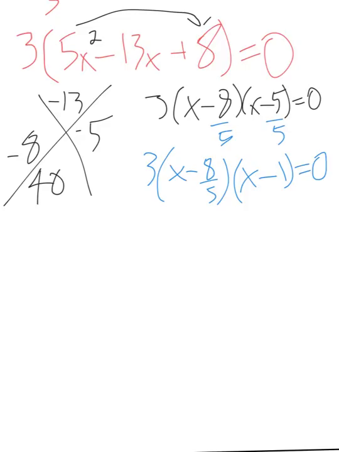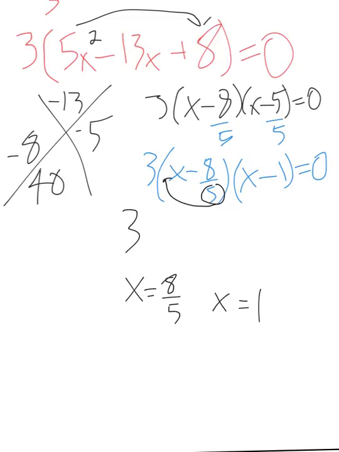So from this step here, we can identify our two solutions. Our two solutions would be x equals 8 over 5 and x equals 1, because those are the two numbers that you could plug in that'll make it go to 0. Now, to fully factor it, just take that fraction and put it up front.